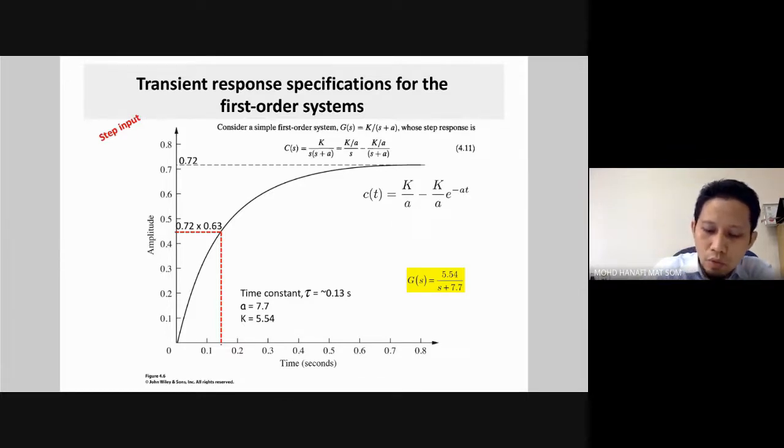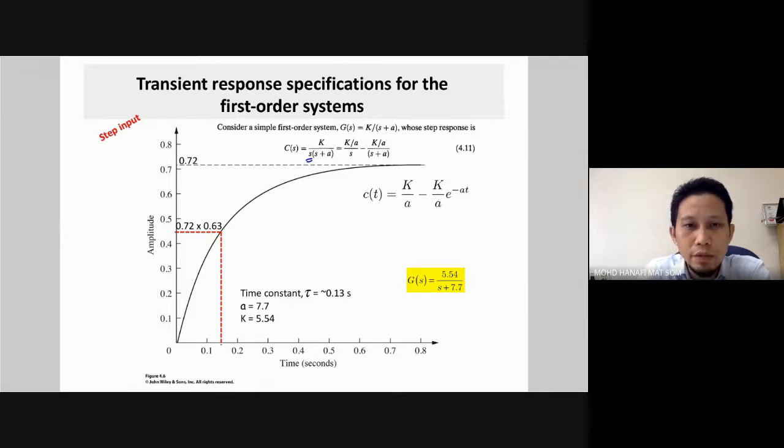The s here comes from the step input, 1 over s. When you find the partial fraction, you get K over a over s minus K over a over s plus a.